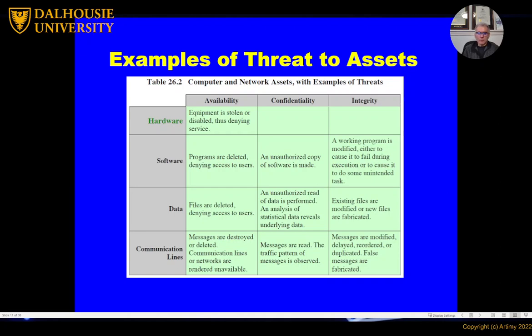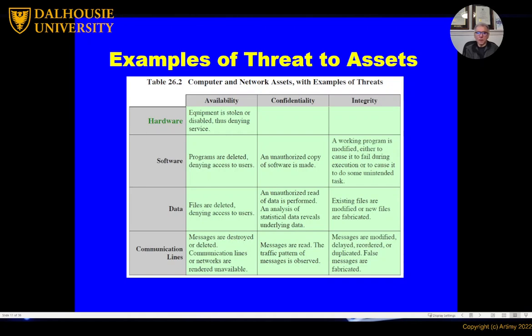A program can be changed, software can be changed to do something that wasn't intentional. Right? So all of these are examples of the threats that the assets can face. So here our assets are the hardware, the software, the data, and communication lines as examples.